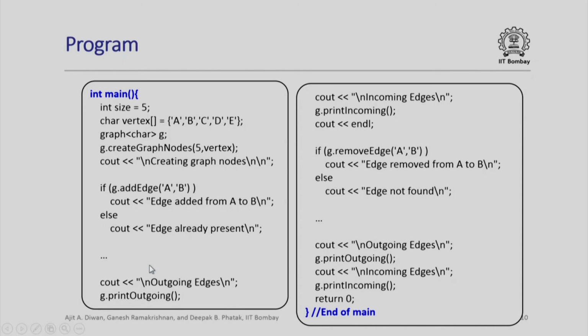In exactly the same way, after printing outgoing and incoming edges, when we try to demonstrate removal of an edge, the removal also will return a Boolean value, and we will have to check whether it is true, that means the edge has been removed, we will say that so, otherwise we will say edge not found. We will repeat the same statement for the demonstration of the second edge that we had added in our program.